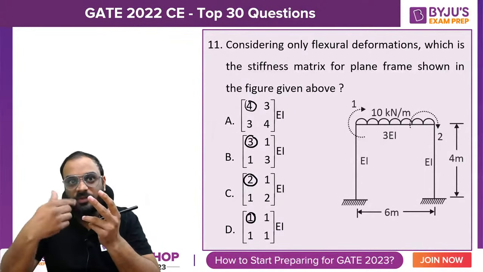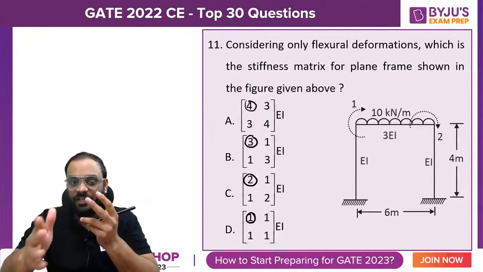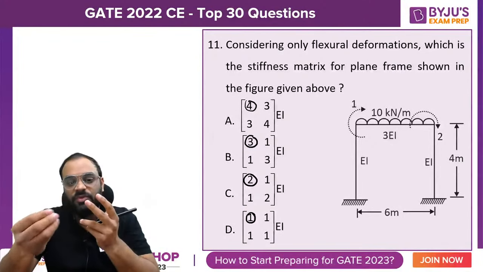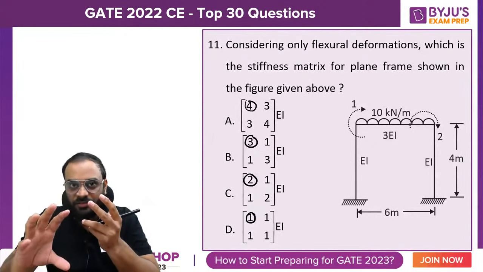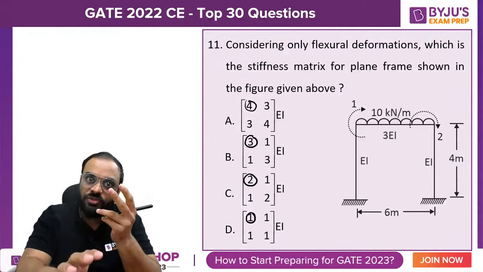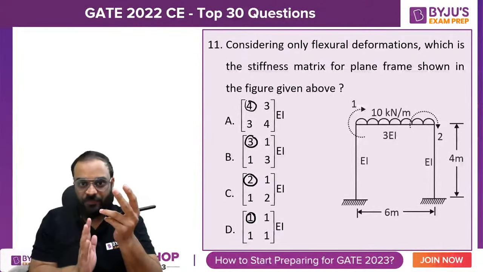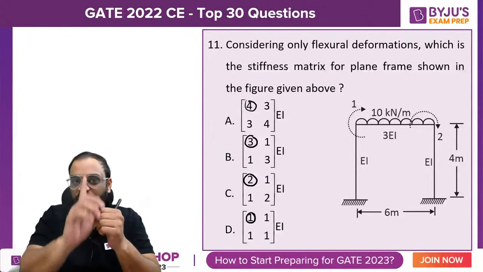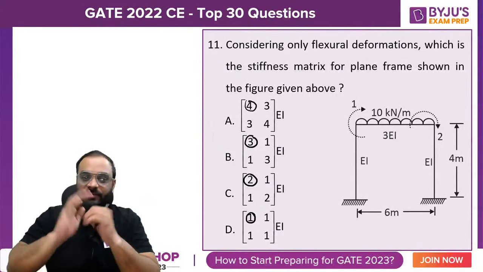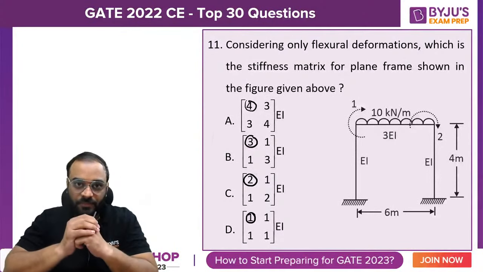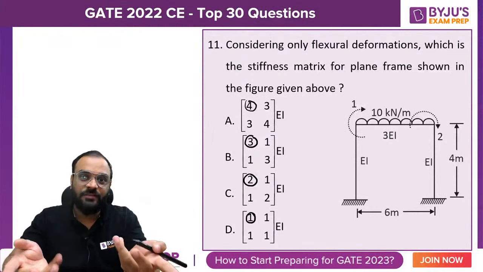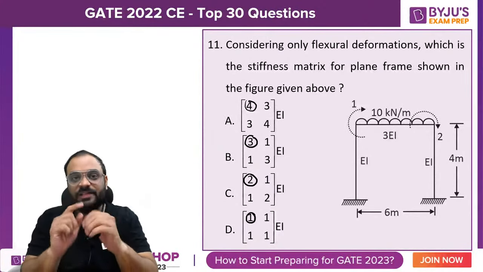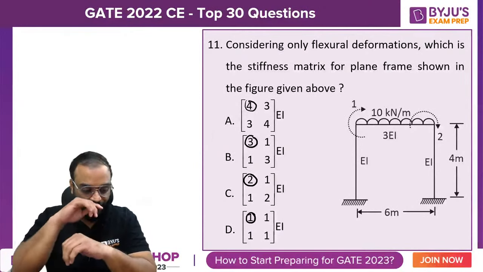It may be possible sometimes you will get the answer directly without solving it, and sometimes you may get a logic from the options to get the answer quickly. As I told you earlier, in this particular problem, I'm trying to find only a single element, not a complete solution. If you are able to get the first element, then you are able to get the answer. Clear? That is the logic which we use over here.